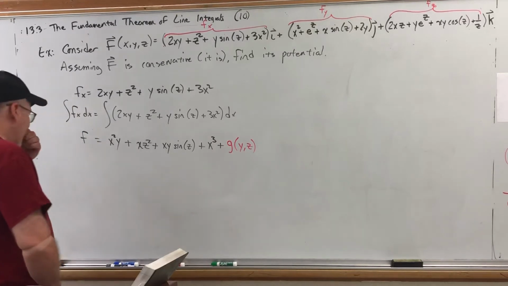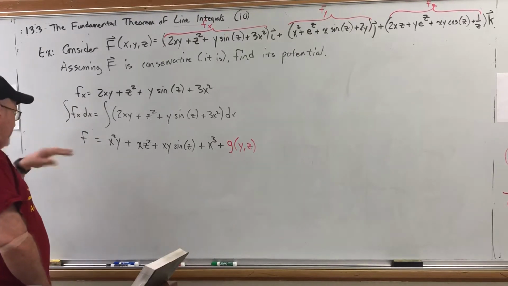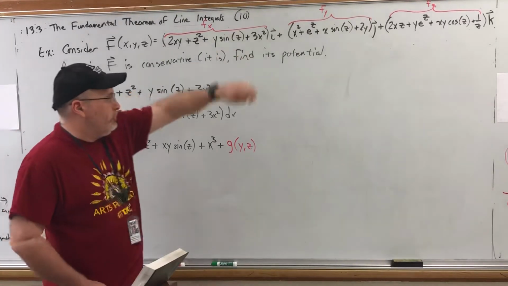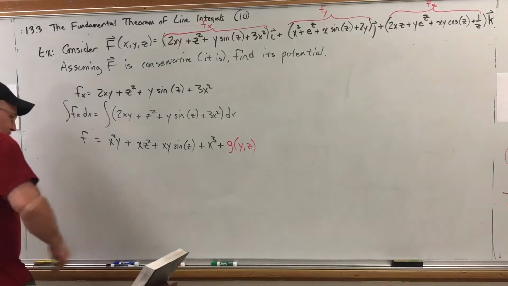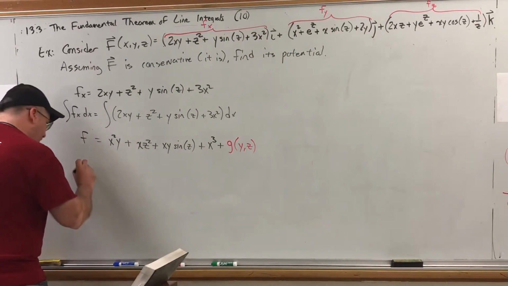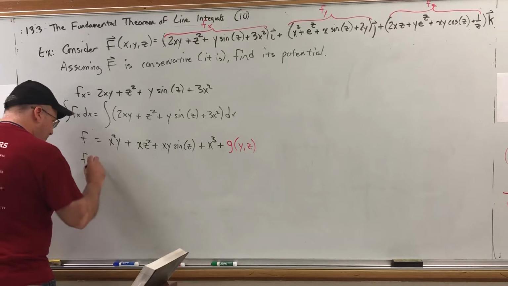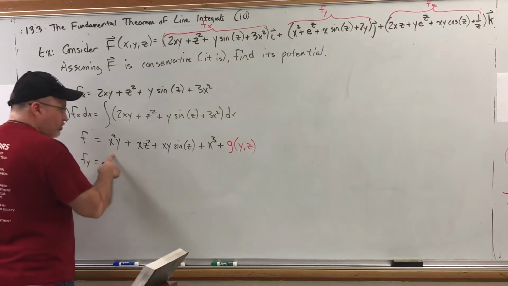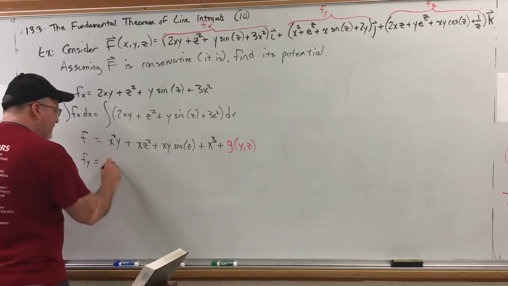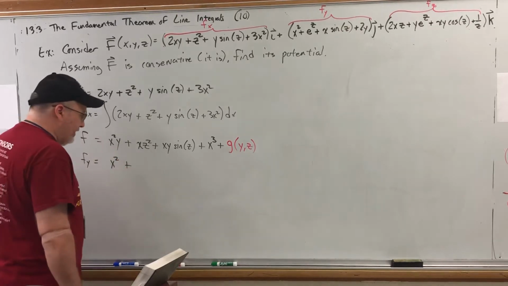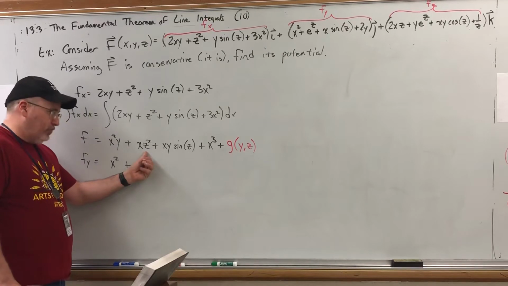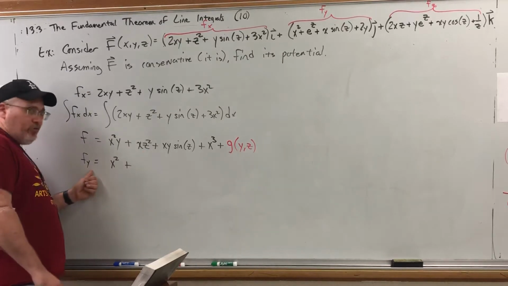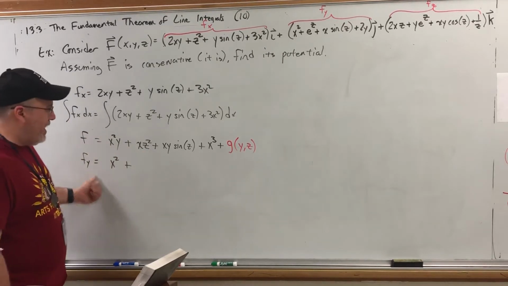Well, let's continue by connecting what we know to the next partial derivative, with respect to y. So let's take the partial derivative with respect to y and see what happens. Going across, the partial derivative of x squared y with respect to y is x squared. The next term contains no y, so it would disappear upon partial differentiation with respect to y.